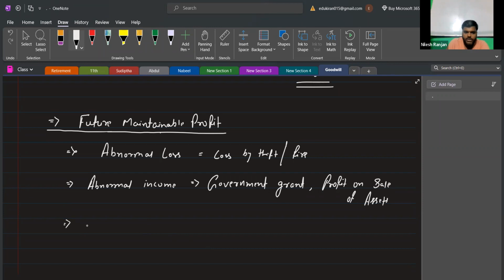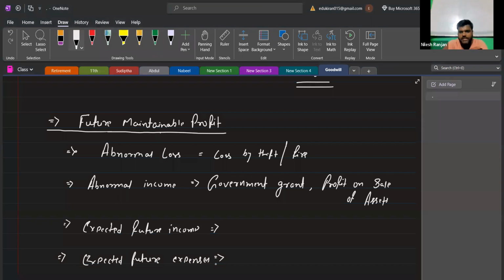The next item is expected future income or expected future expenses. Do you know these examples?